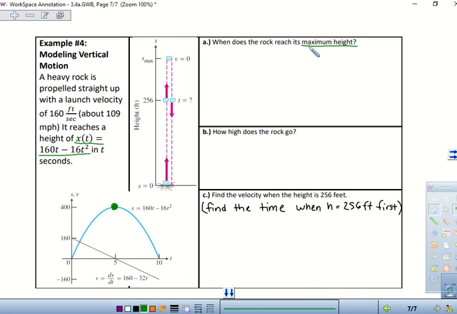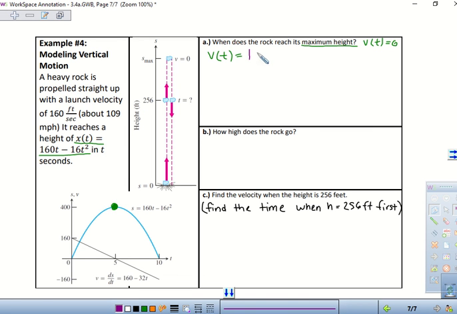So when does the rock reach its maximum height? That occurs when the velocity is equal to 0, always. Maximum height is going to occur when the velocity is equal to 0 when we're dealing with this type of function. So we have to first find the velocity function. How can we find the velocity function? Take the derivative of the position function. What is the derivative of this function?